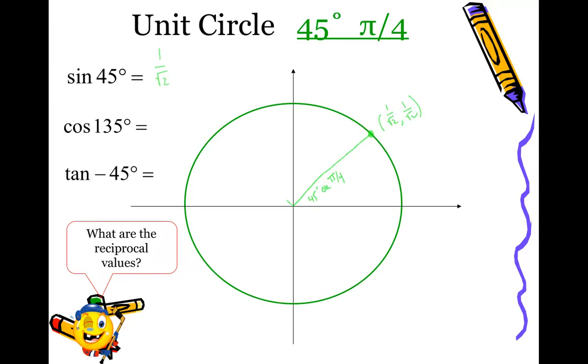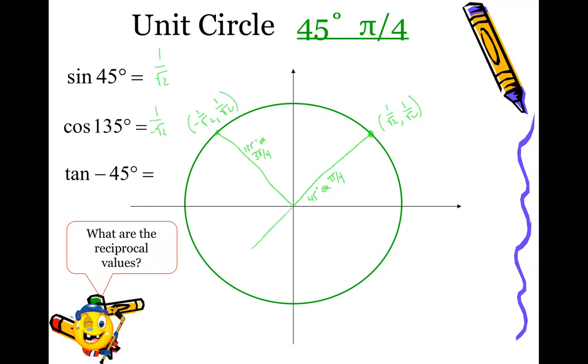In this quadrant right here, this is going to be 135 degrees or 3 pi over 4. And that coordinate point is going to be negative 1 over root 2, 1 over root 2. So that means that the cosine of 135 is negative 1 over root 2.